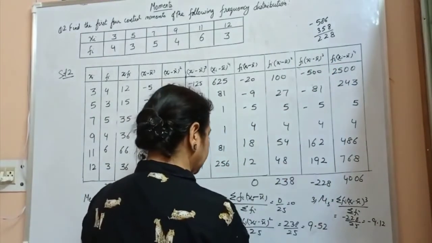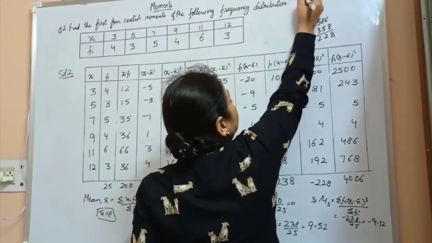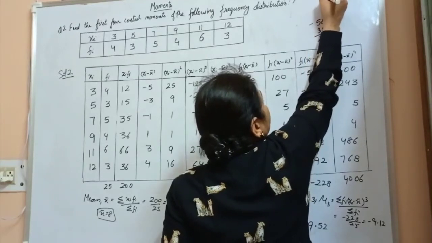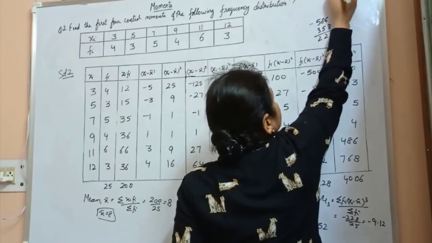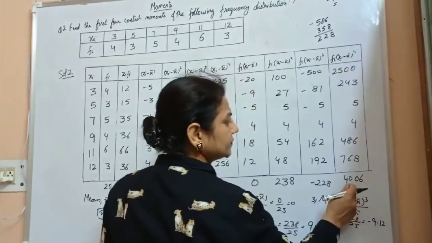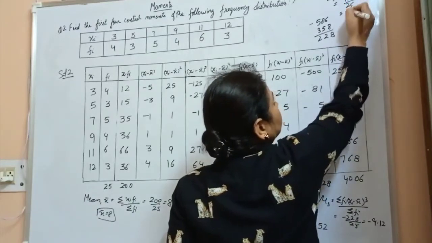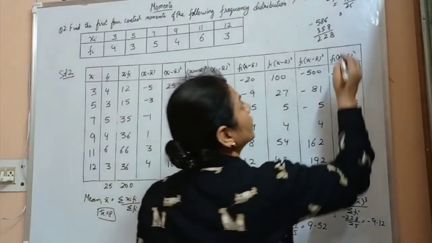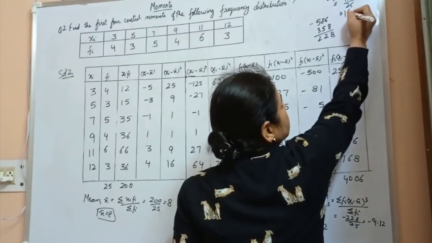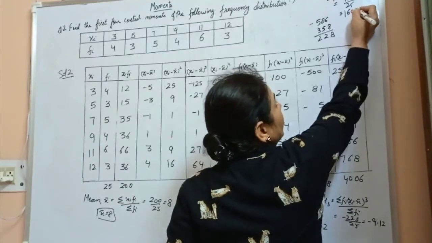The fourth central moment is sigma fi xi minus x bar to the power 4 upon sigma fi, which is 4006 upon 25. If you divide 4006 by 25, you will get 160.24.